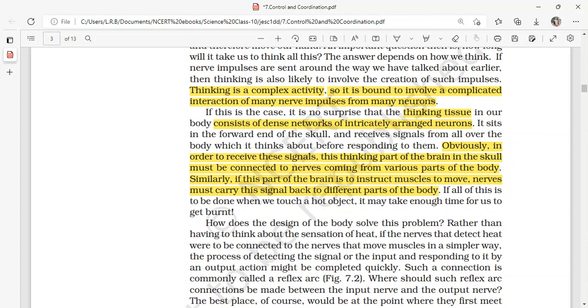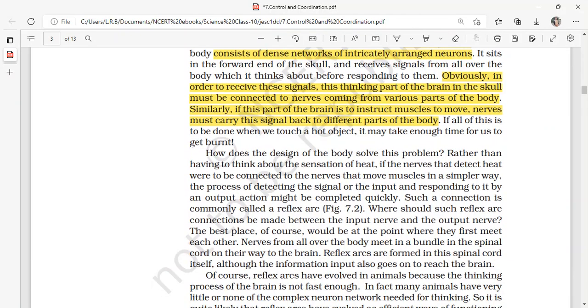If all of this has to be done when we touch a hot object, it may take enough time for us to get burned. By the time the signal comes to your muscles and we move away, a burn might already have happened, isn't it? So to protect the body from such harm, we have reflex actions.